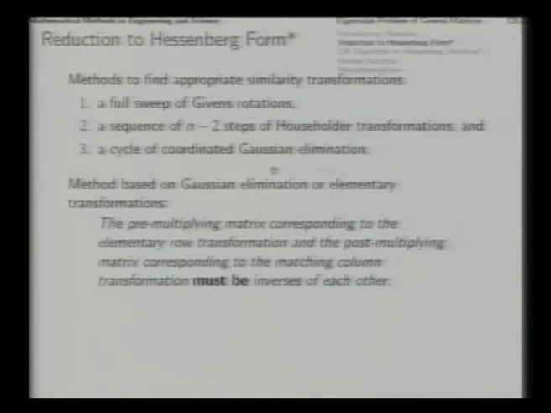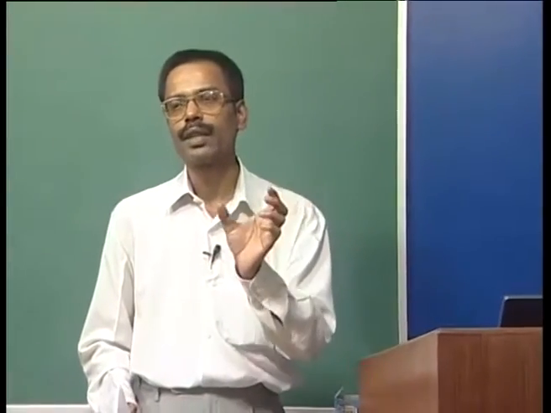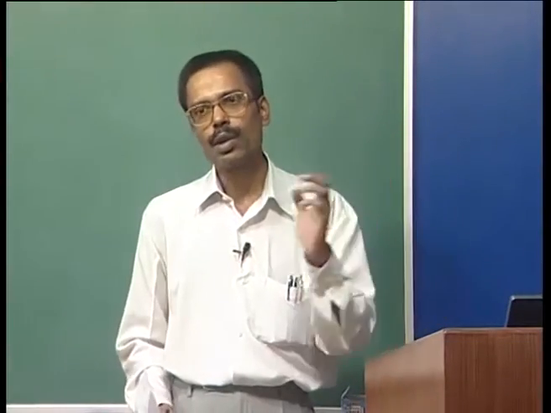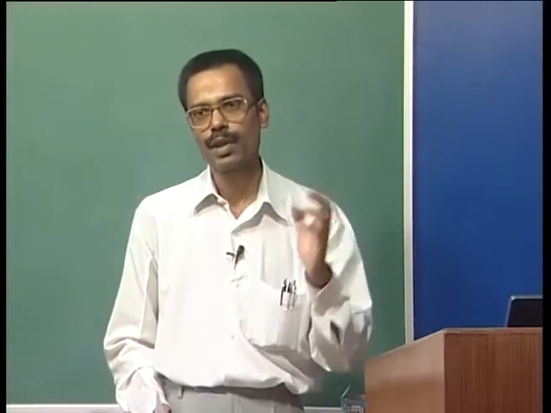In the third option, what we do? We apply Gaussian elimination in a well coordinated orchestrated manner. Note that the straightforward Gaussian elimination, which we were applying earlier for solving a linear system of equations, was only based on rows, only row operations we were doing.